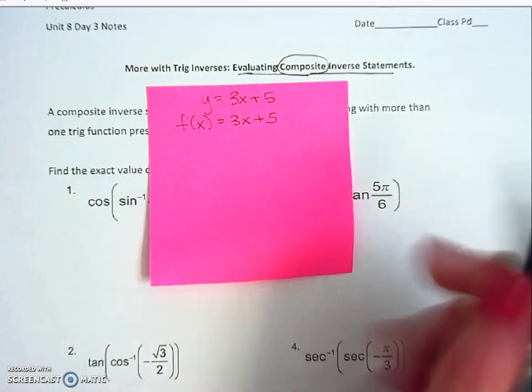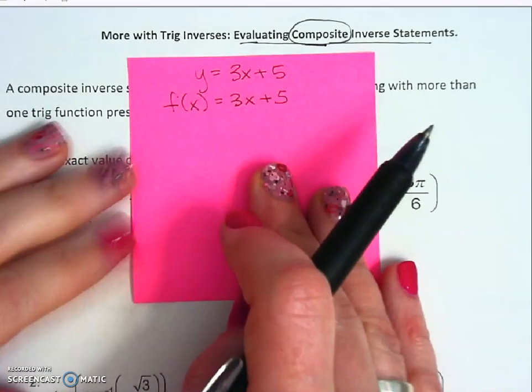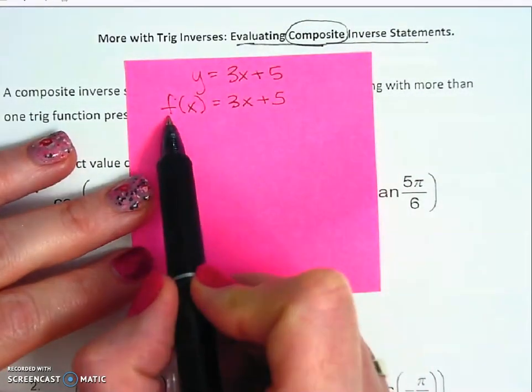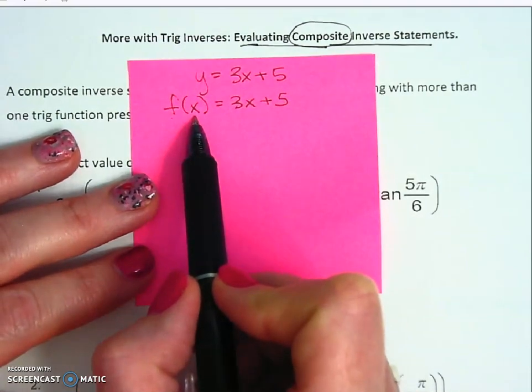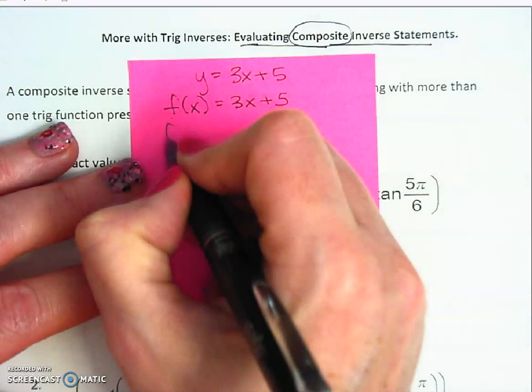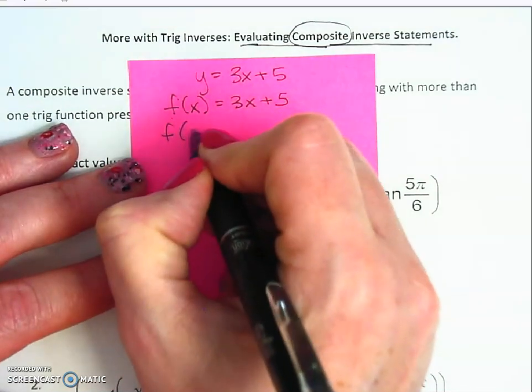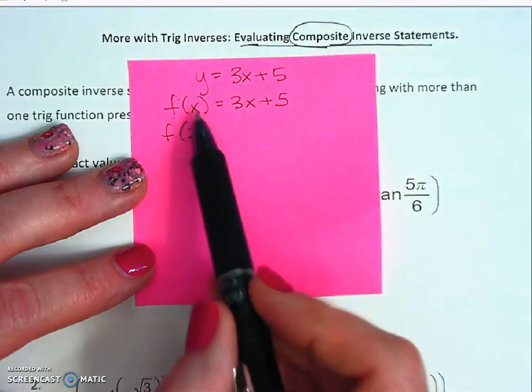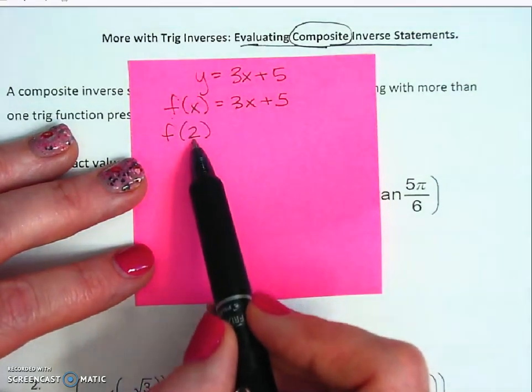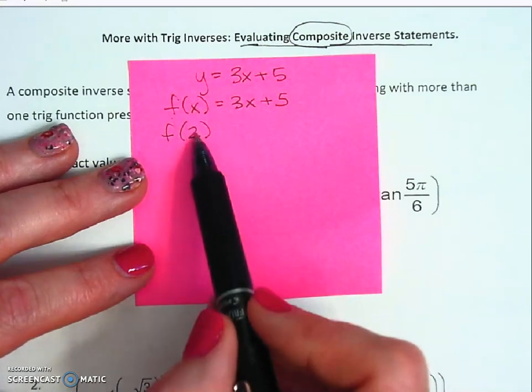This does two things for me. It names the function for me, f, and then also tells me the independent variable x. And if you recall, if I write something like this, f of 2, the x has been replaced by 2. I have substituted x with 2 here in the function notation.